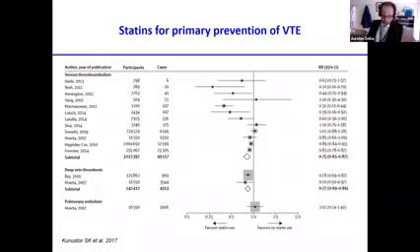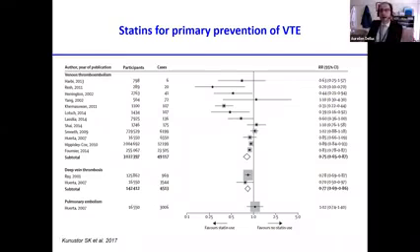No association was found for pulmonary embolism, but it's only one study, and all of the other studies compiled VTE as DVT and PE. They didn't look at subgroups. So overall, we can be confident in saying that these studies show a protective association between statin exposure and VTE risk.